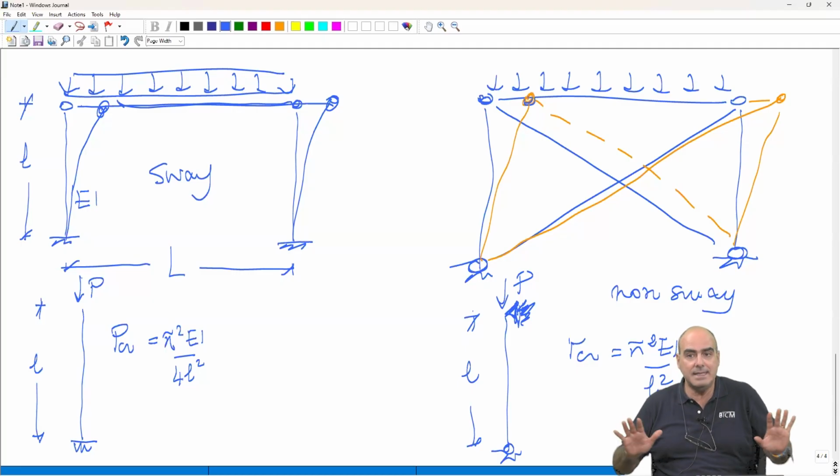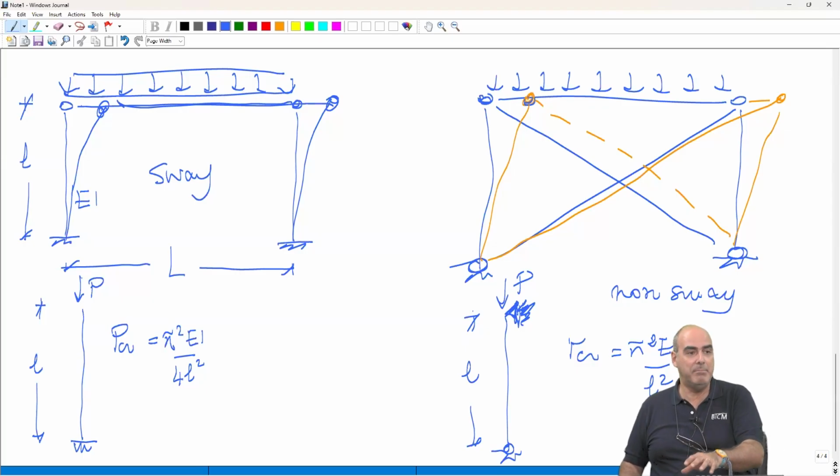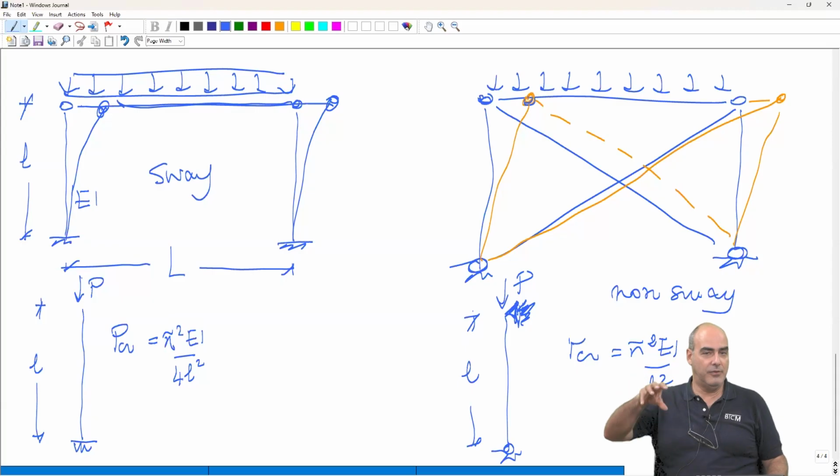So this is something that can have happened. It does not imply any change in the destination of your building, nothing. Simply, you have to comply with a new code. What would you do? Because what has happened is that the new code, the new loads that you have to consider, bring your axial force to be higher than the critical load.